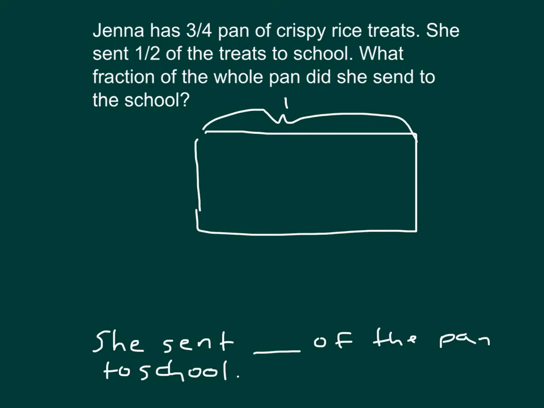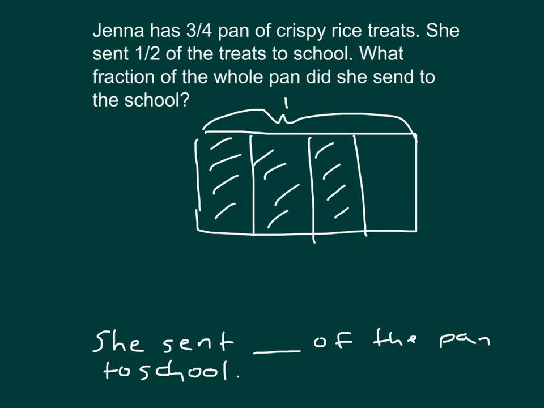So in this case, we'll start with the amount that she currently has of 3/4, drawing vertical lines for that and shading in. These represent the 3/4 of a pan of Rice Krispie treats that Jenna has.